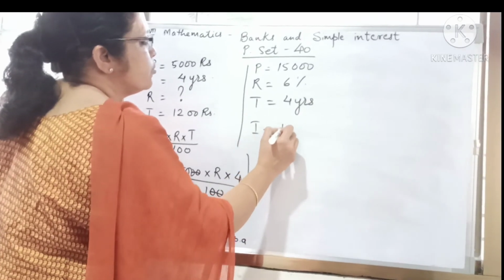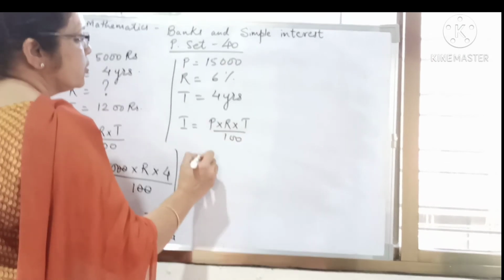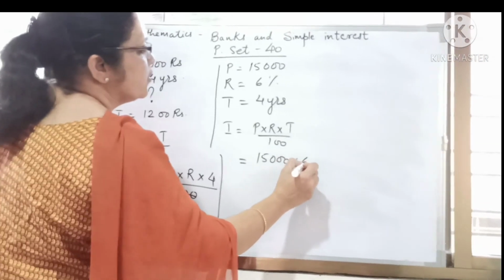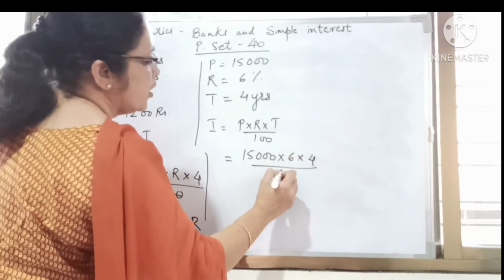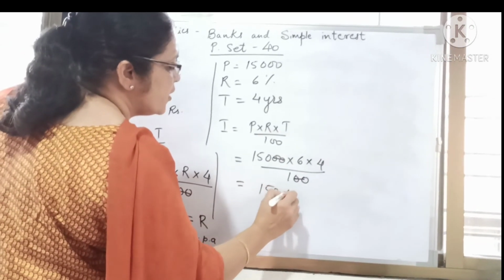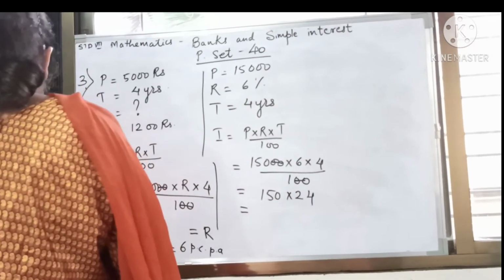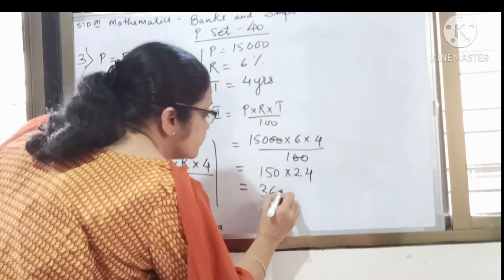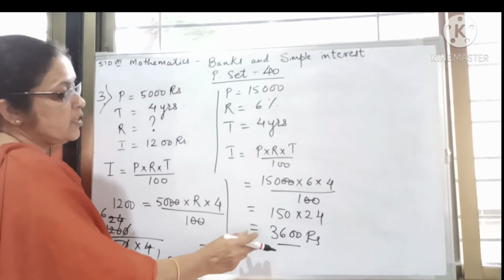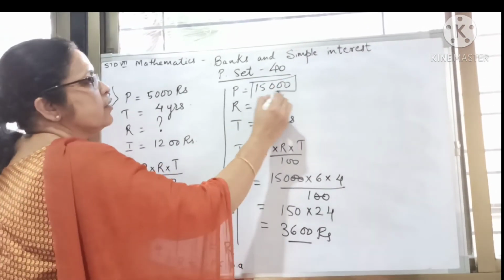Interest is equal to P into R into T upon 100. So principal is given, into rate, into 4 upon 100. So these two zeros get cancelled. So 150 into 24. So this multiplication comes to 3,600 rupees. Therefore, we have the interest 3,600 rupees on the principal 15,000.